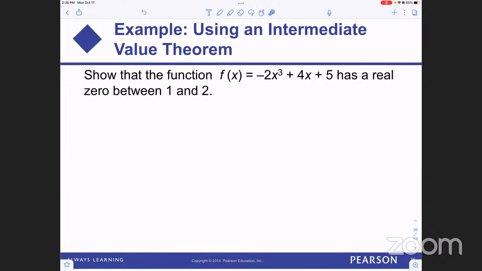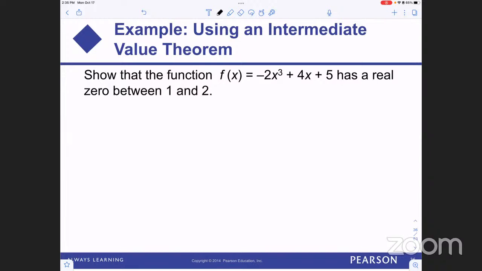So show that this function has a real 0 between 1 and 2. And basically all we do, we want to show that it has a real 0 between x equals 1 and x equals 2. So we can find f of 1, get a result. We can find f of 2, get a result. And as long as they have opposite signs, then that's enough to show that it has a real zero between 1 and 2, right?